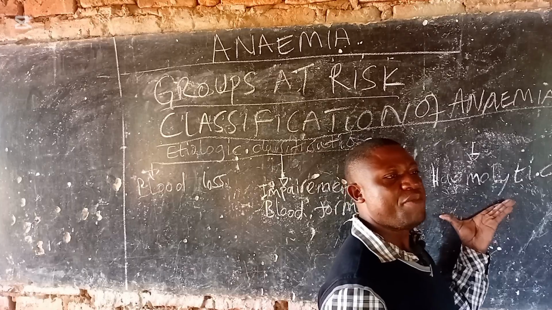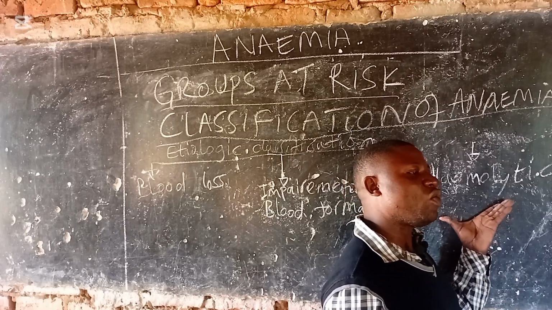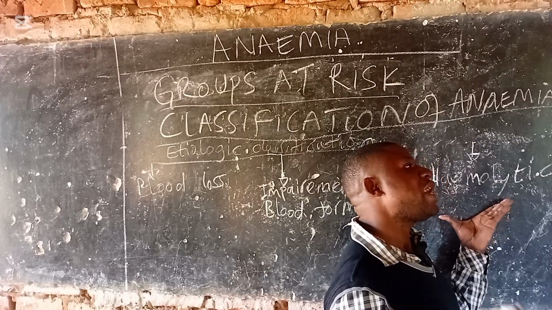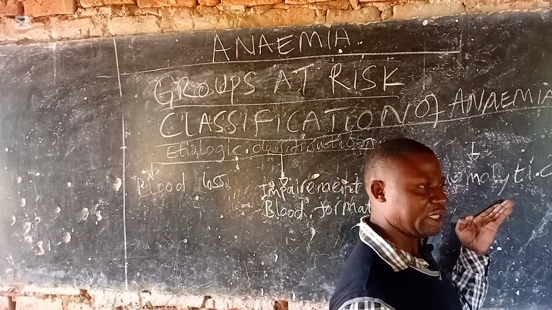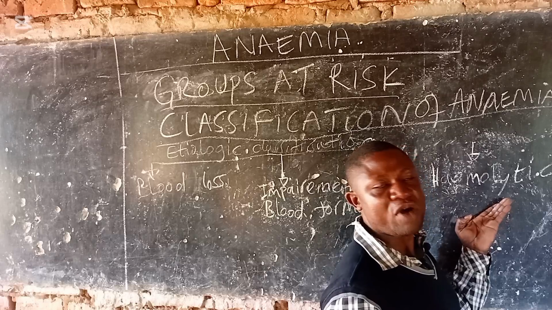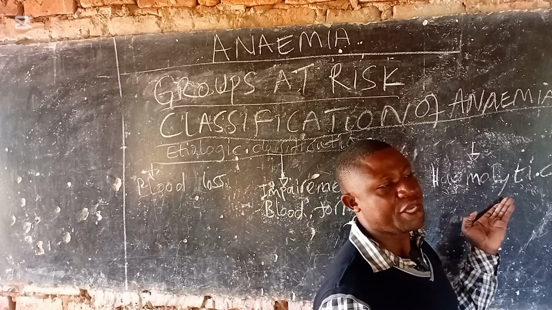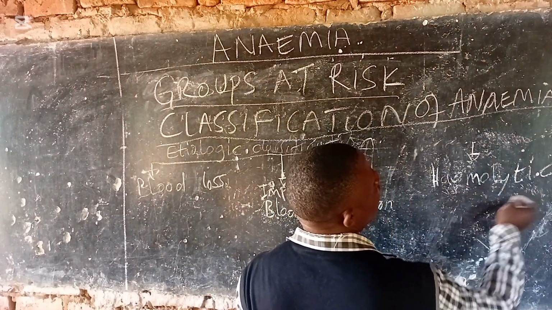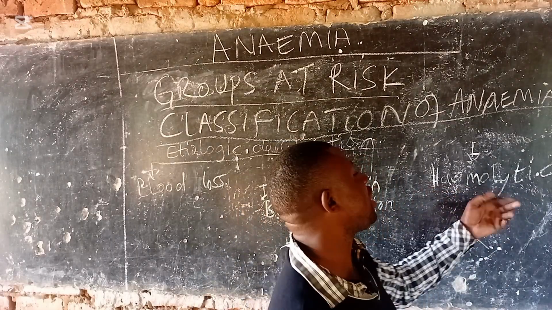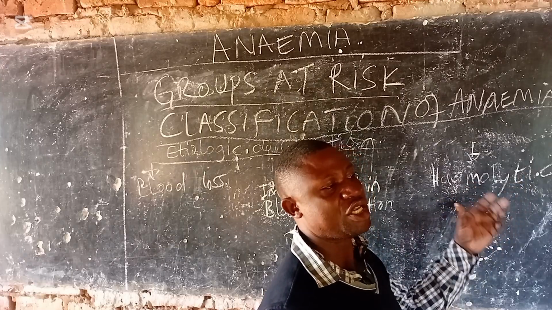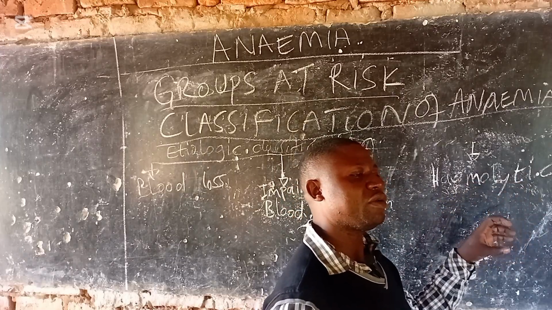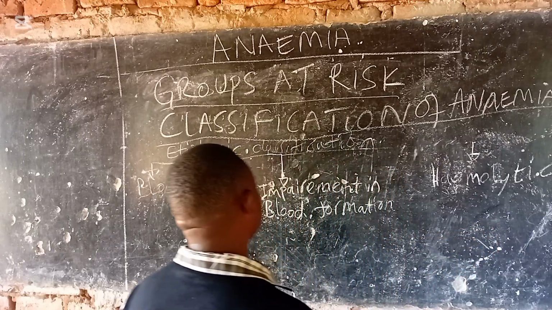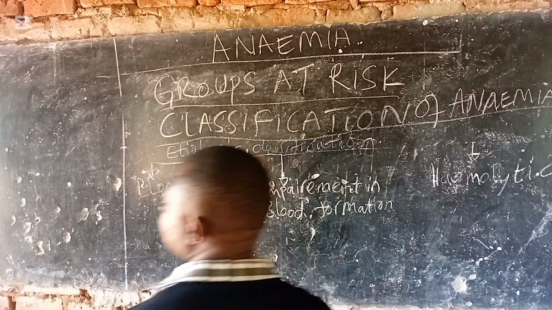It is manufactured very well, it comes into the peripheral blood, but there it gets broken down. That is what we call hemolytic anemia. Hemolytic comes from hemolysis, the breakdown of the red blood cells.